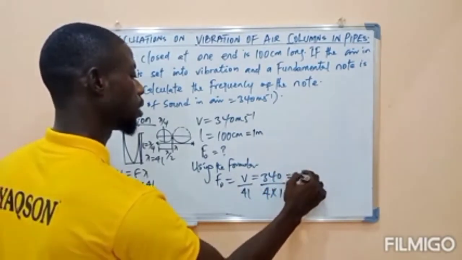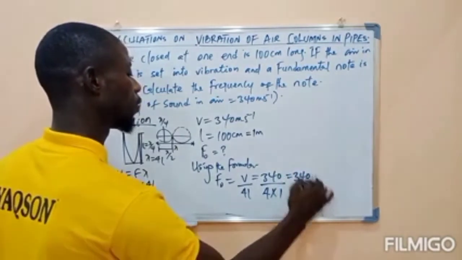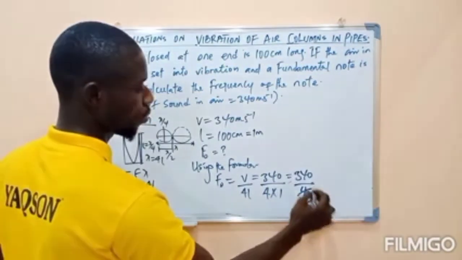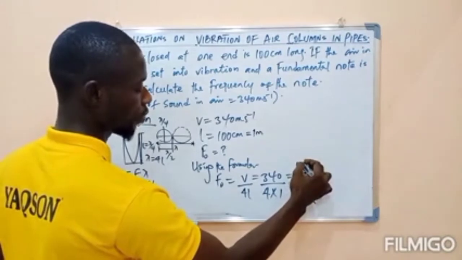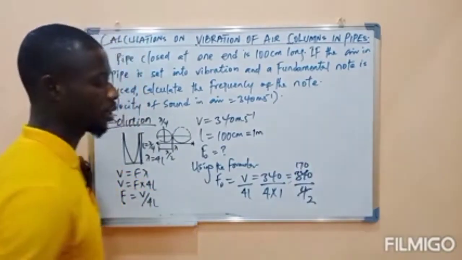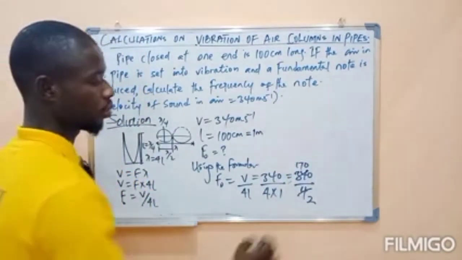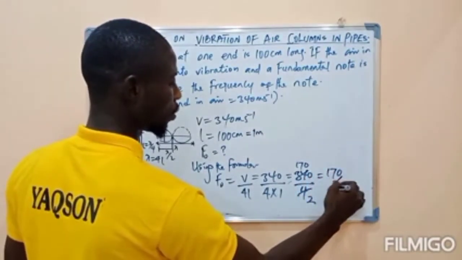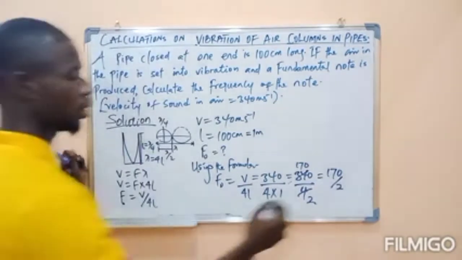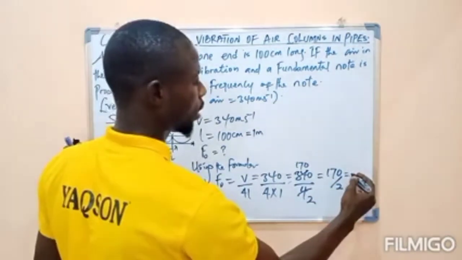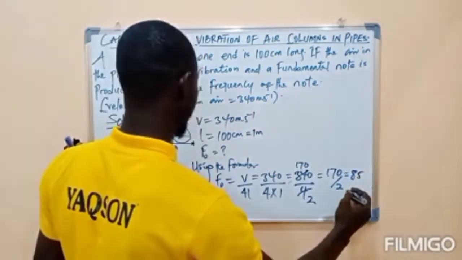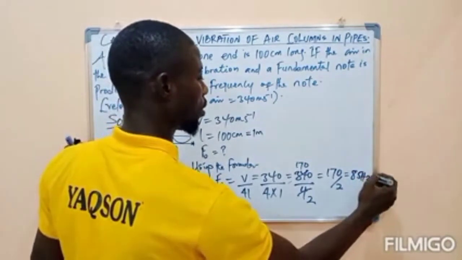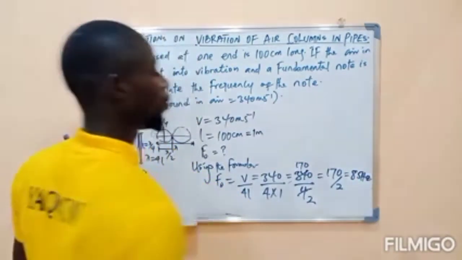That gives 340 over 4. Dividing by 2 gives 170 over 2, which is equal to 85 Hertz, the unit of frequency. Let's see number 2.